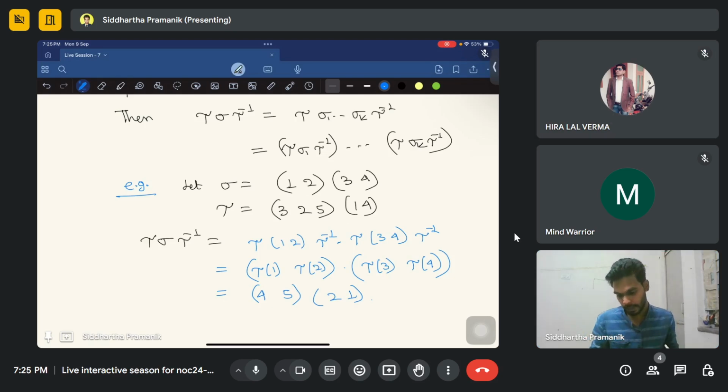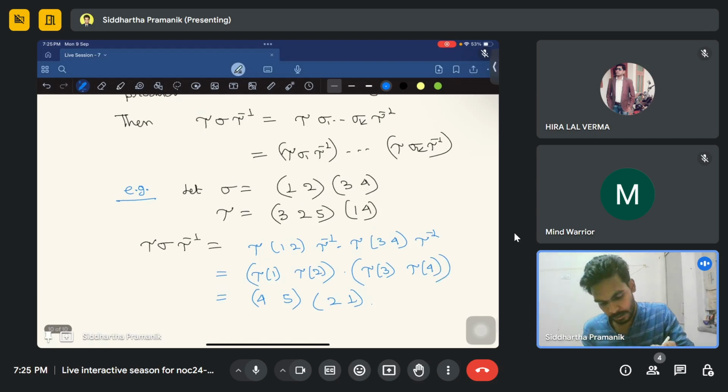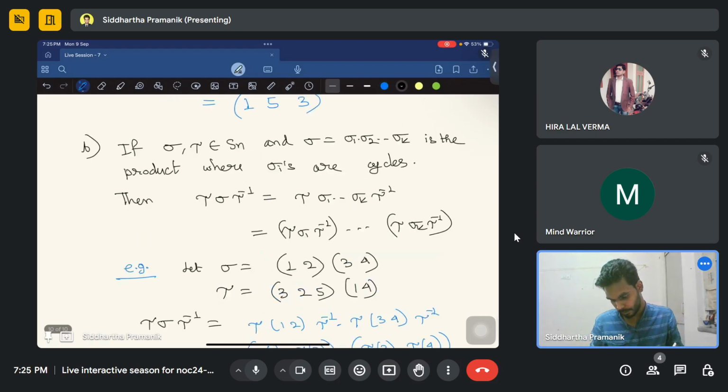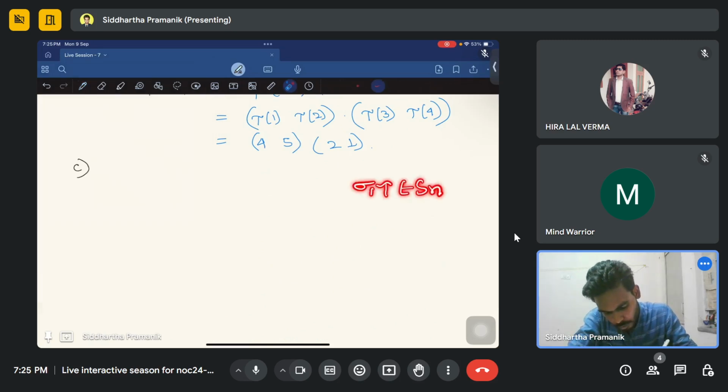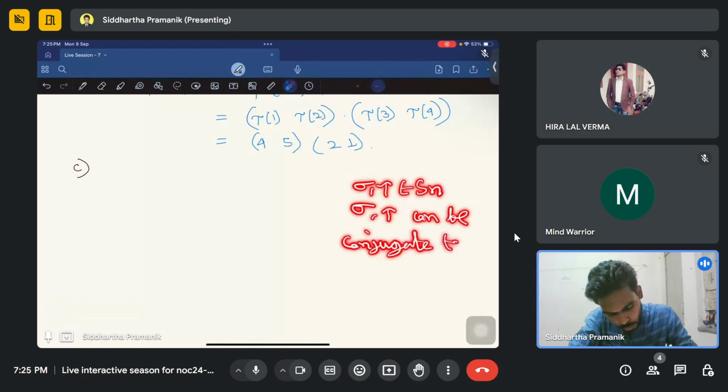Yes. So now we are in a position to state one big result in Sn. The question is, if sigma and tau belong to Sn, when can sigma and tau be conjugate to each other? Okay, we will answer this question.